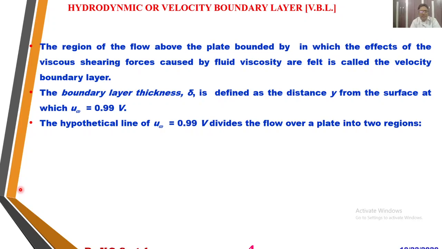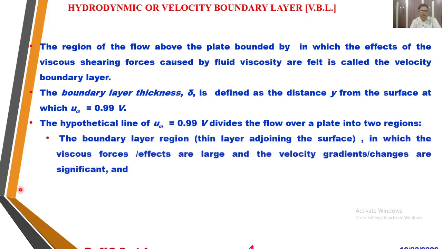This hypothetical line, where the velocity is 99% of the approach velocity, that is the velocity boundary layer, divides the flow over a flat plate into two regions. The first is the boundary layer region, which is very thin, adjoining the flat surface, where the viscous effects are very large and velocity gradients or changes are significant.